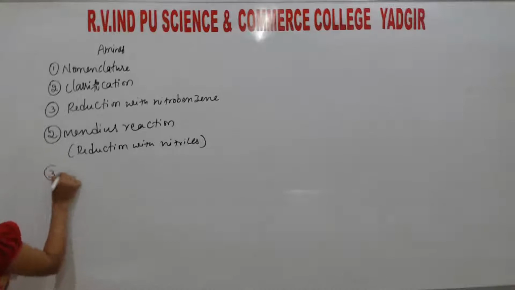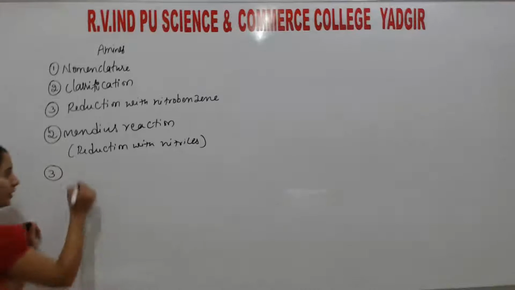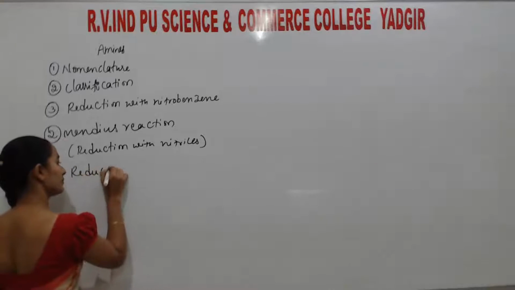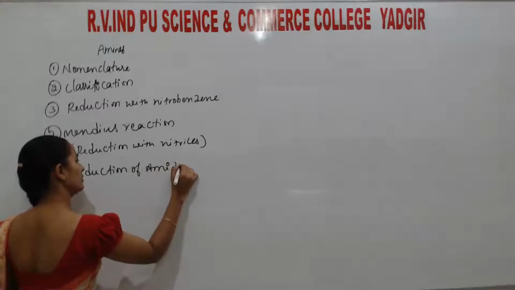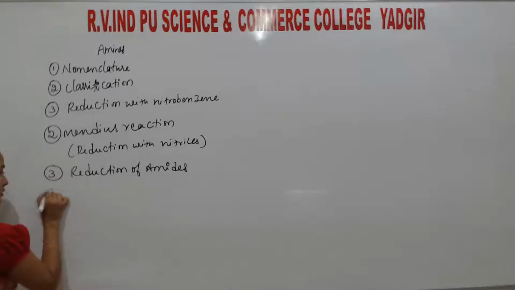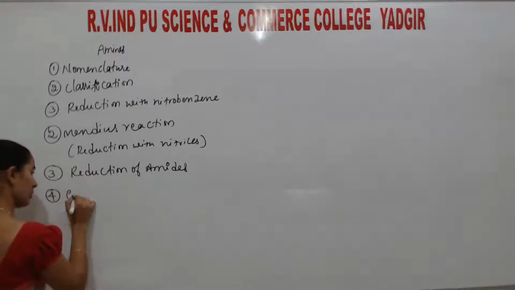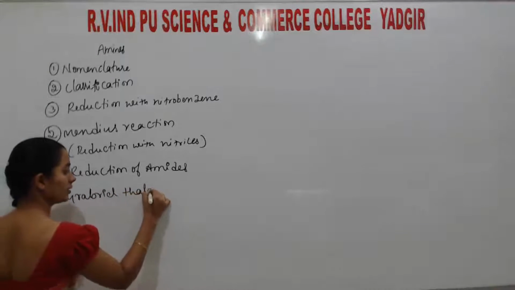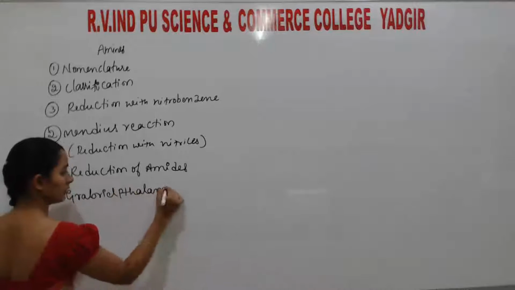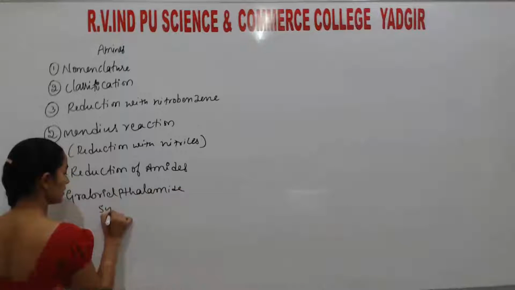Okay. Next, third one is reduction of amides, a very easy one. Next, fourth one, Gabriel phthalimide synthesis.